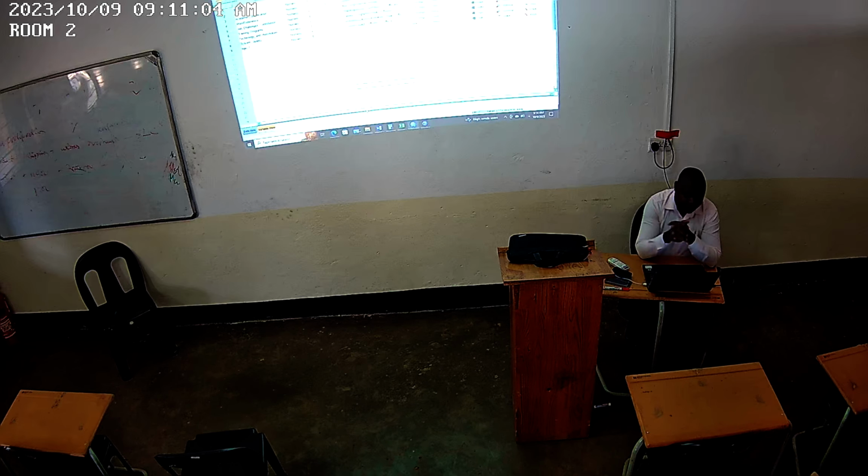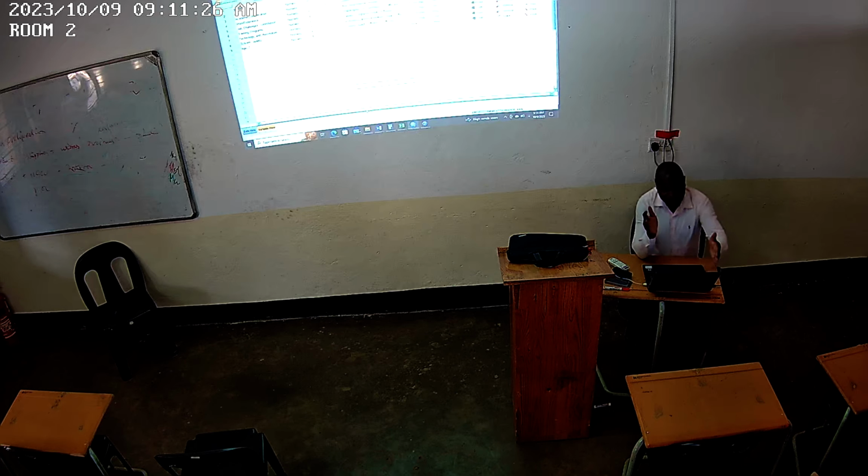In other words, if the measures of spread are smaller in terms of values, it means the distance between the mean and the other measures or data points is very small.